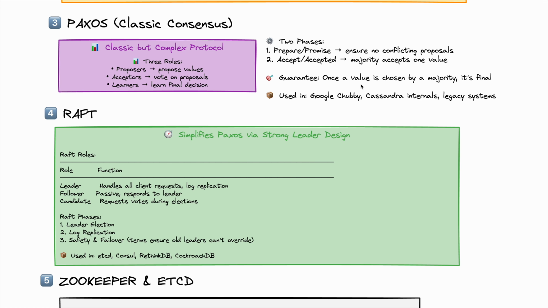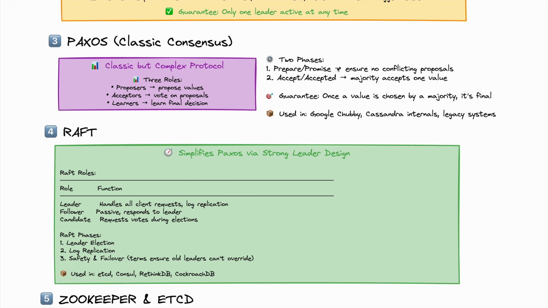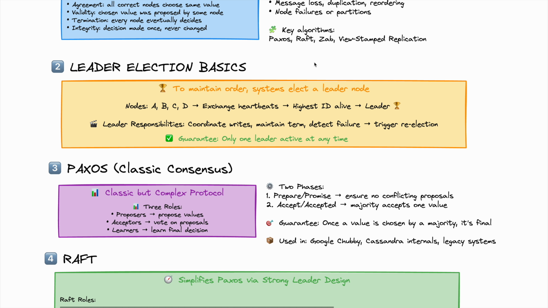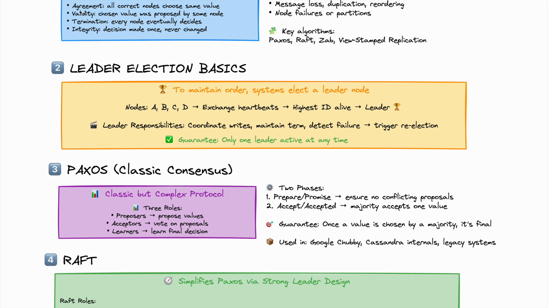So it follows all our four principles. After we select the value, that is the agreement, which means that the value should be the same across all of the nodes. It's valid, which means it should be proposed by one of the nodes. It's terminating, which means all nodes eventually should receive that value.